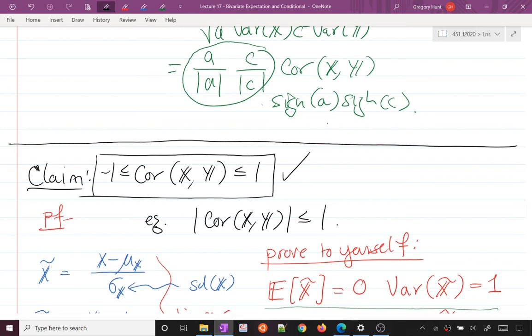So we started this lecture talking about bivariate expectation. One of the really nice things we can do with bivariate expectation is talk about how variables are related.